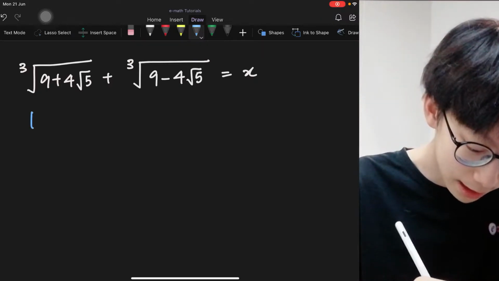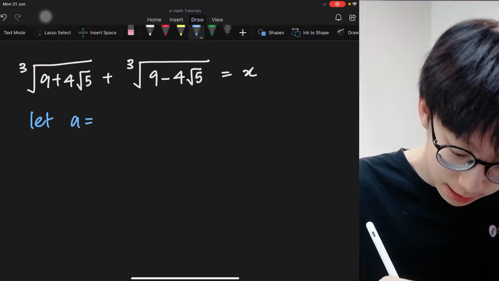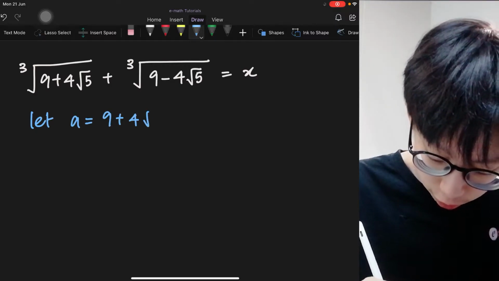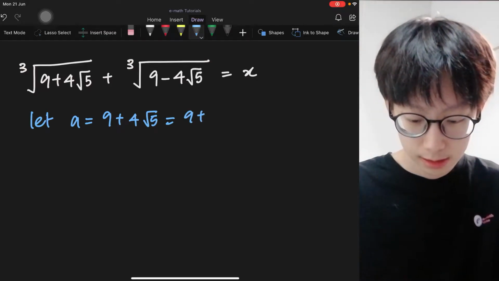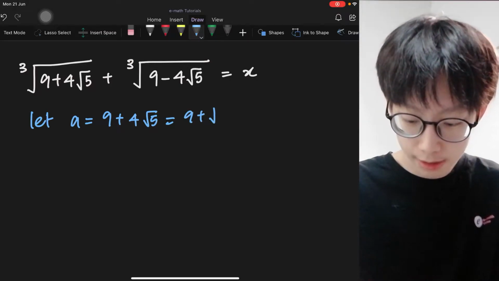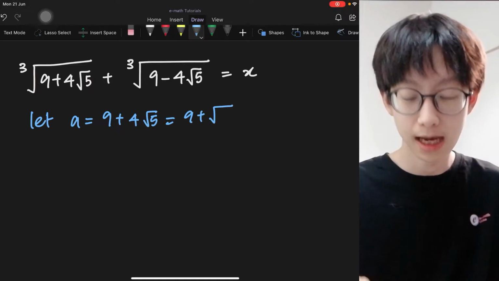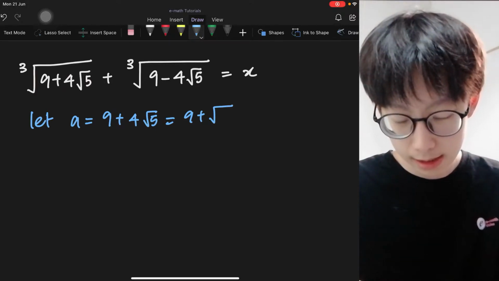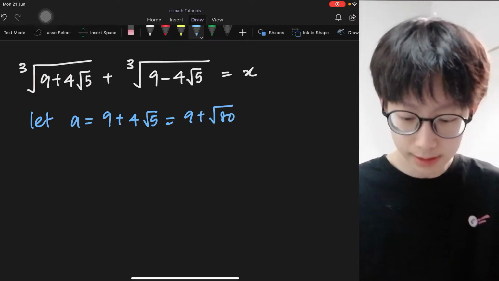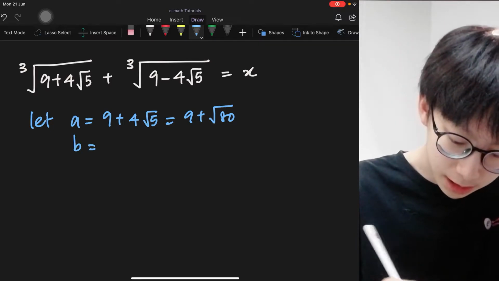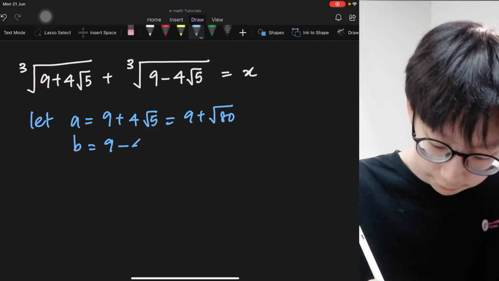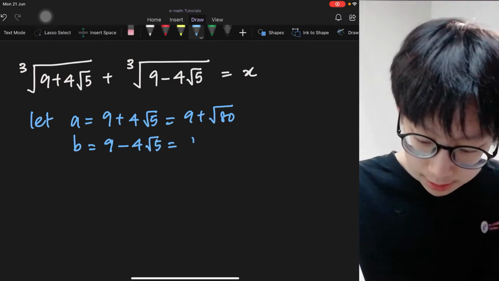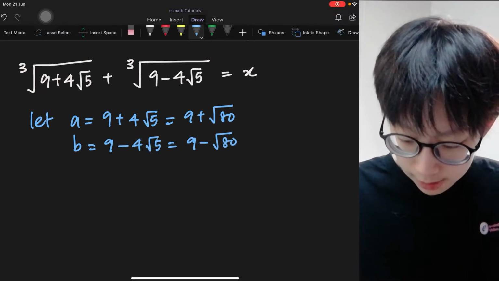I will let a be 9 plus 4 square root of 5, which is actually 9 plus square root of 16 times 5, which is 80, okay? And I will let b be 9 minus 4 square root of 5, which is 9 minus square root of 80.